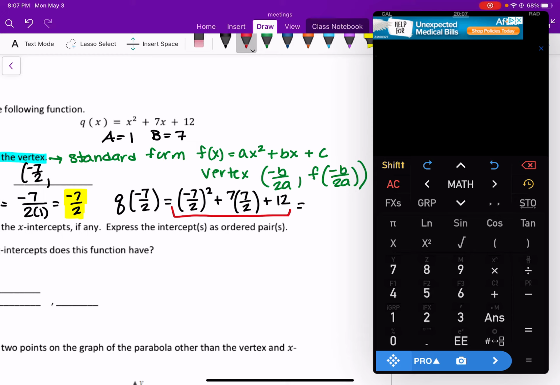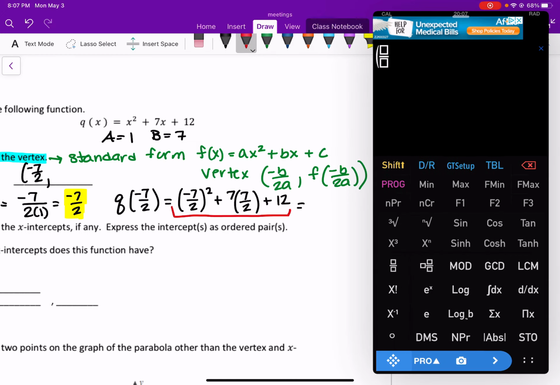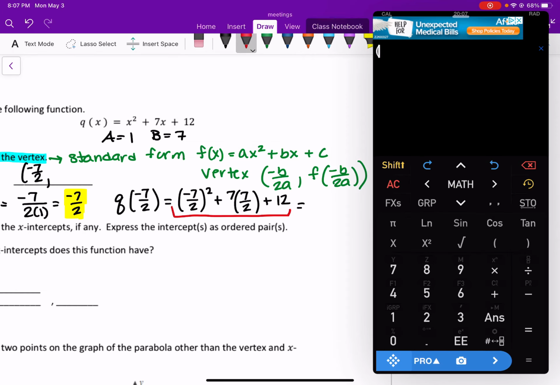So I'm going to do parentheses. Now, if your calculator has the ability to do fractions like mine does, you can do a fraction there. Or if you can't, you can just say negative 7 divided by 2 in your parentheses. Whether you can do an actual fraction or you use the division symbol, it's still the same thing. So I'm going to square that, plus 7, parentheses, negative 7 divided by 2, plus 12.